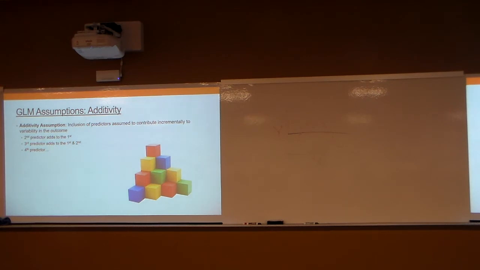I've got my first predictor in my regression model, and then I add a second predictor that adds things above and beyond what the first predictor did. There's variability in my outcome that wasn't captured by the first predictor that's being captured by the second. And if I add a third predictor, it captures a different piece of the pie than the other two.